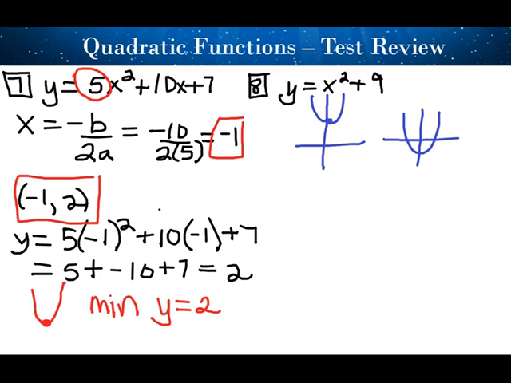Now, think about this. As soon as I go to 0, I have one solution. As soon as I go right here, I've got one real solution, but that's at 0. I want it to go below 0. So as soon as I go past 0, it could be anything. Anything past 0 in this place right here is going to make 2 real solutions.